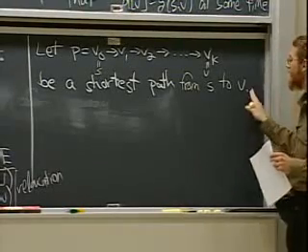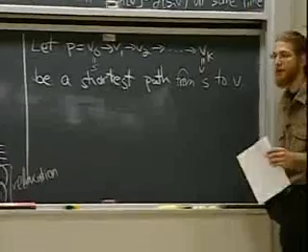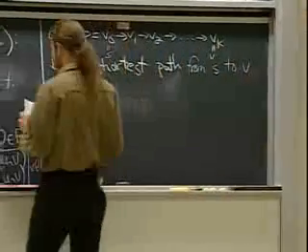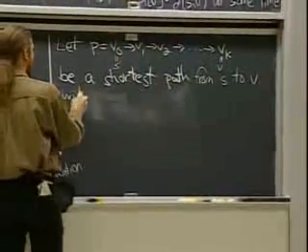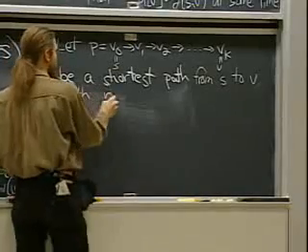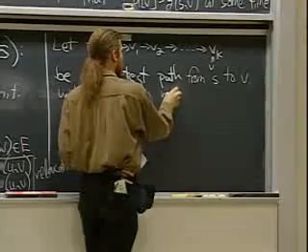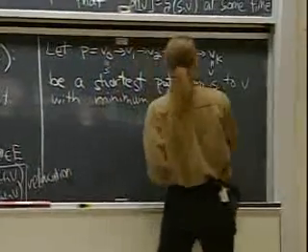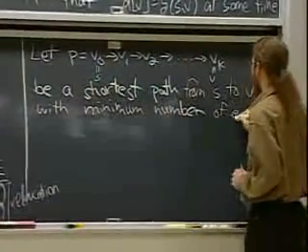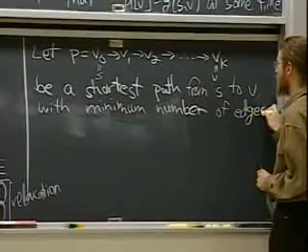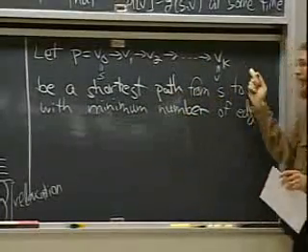Now, I also want it to be not just any shortest path from s to v, but among all shortest paths from s to v, I want it to be one with the fewest possible edges. Shortest here means in terms of the total weight of the path.